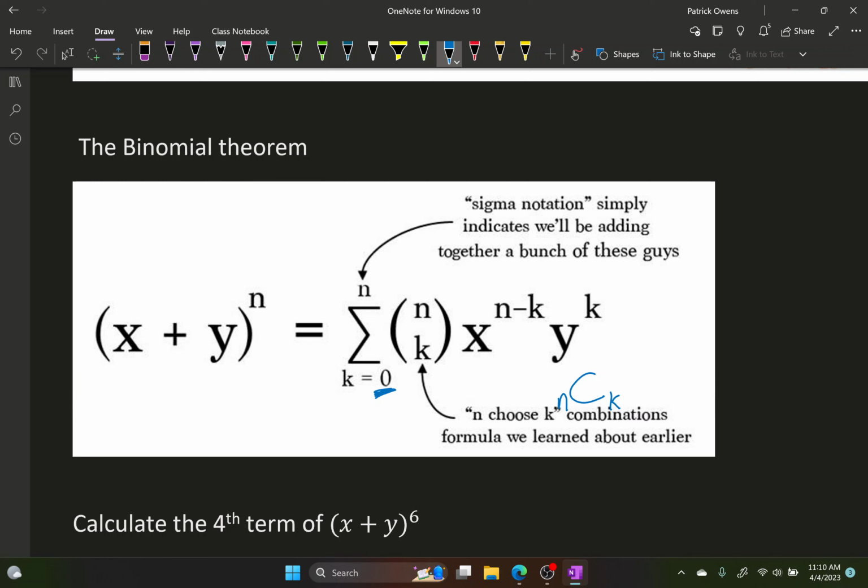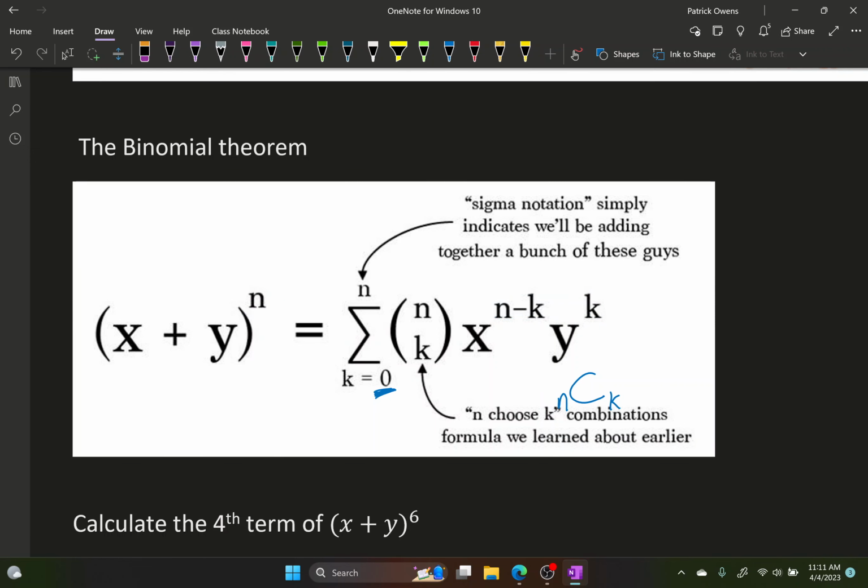The reason we're doing this in this unit is that it deals with combinations that we had looked at in a previous lesson. The nCk is going to be our combination and our coefficient for this term, and x to the n minus k and then y to the k just means if you add these exponents together, you end up with the exponent of the binomial, which makes sense.